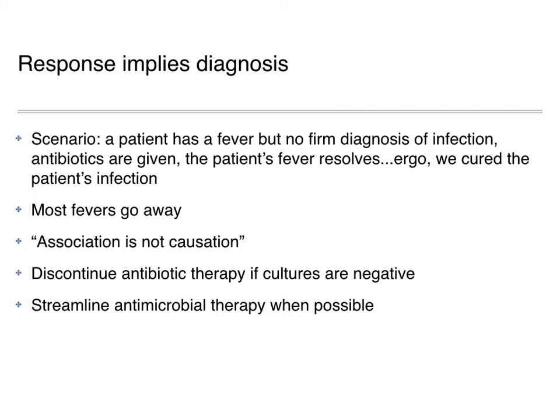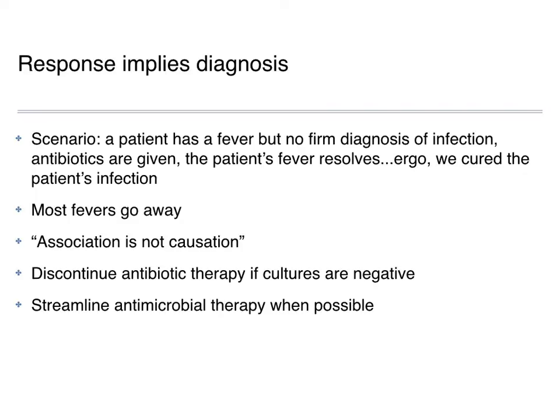There's the phrase association is not causation, and so this really comes into play from a clinical point of view where, so that person who had pneumonia or maybe had some respiratory symptoms, had some fevers, we bring that person to the ICU, we start piptazo, we start vancomycin. There are never any positive culture results, so what do you do in that situation?